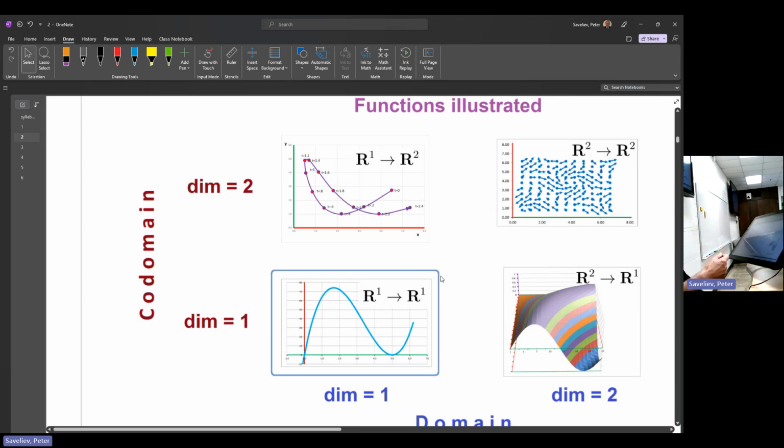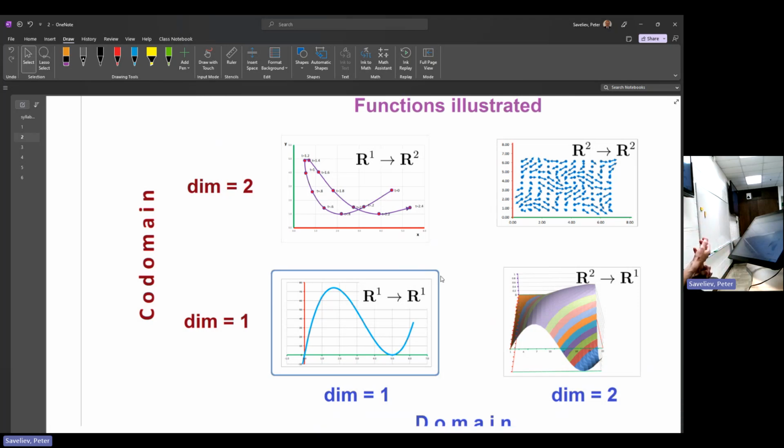Dimension 1 to 1. Input is one dimensional, output is one dimensional, right here, bottom left. You're doing these graphs, and everything is a curve on the xy plane, and it progresses from left to right. It cannot come back. Remember, you cannot turn back. And therefore, the curve up there is not part of calculus 1 because that graph cannot represent a function, right? That one at the top.